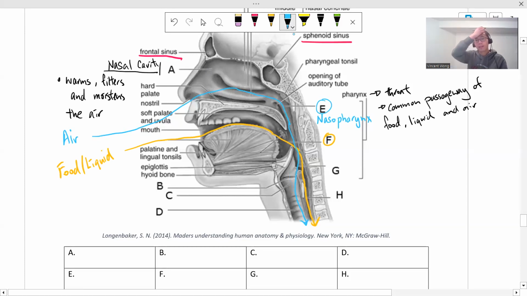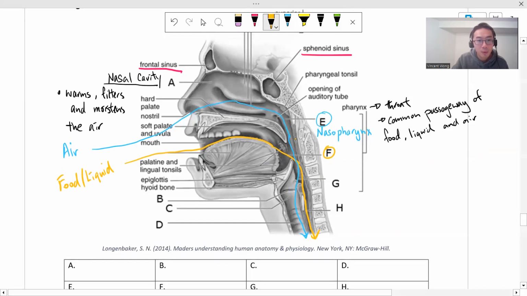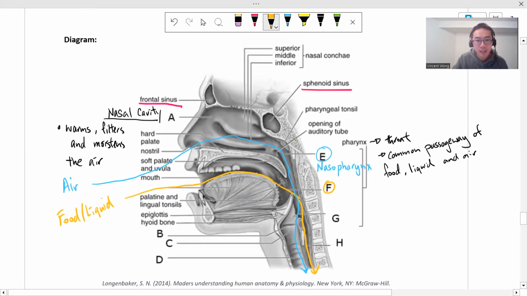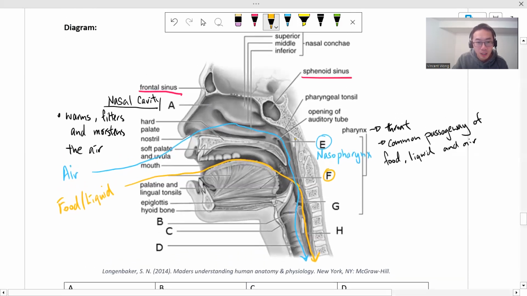I have two questions. Sure. Can the air go through any level there on the nasal concha? What do you mean? It looks like there's a bottom level, the middle level, and the top level, or I don't know if that's just how the picture looks.